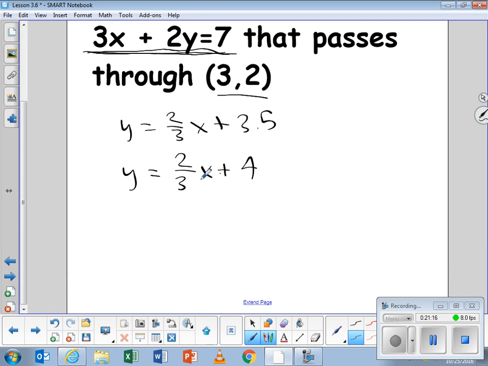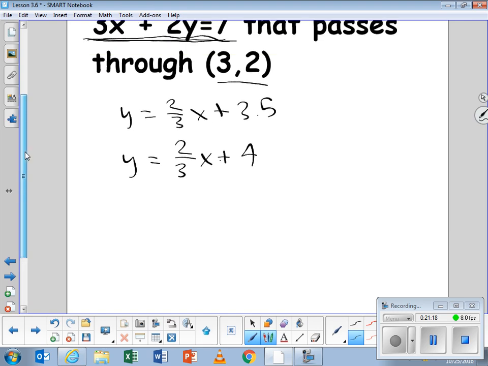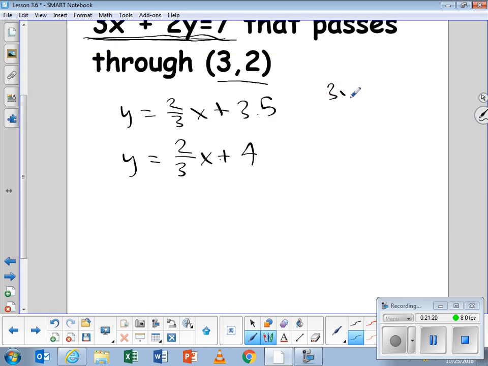First thing we need to do is take our equation 3x plus 2y equals 7, and we need to find the slope of that, right? And so we're going to subtract 3x from both sides. We're out of time here, so let's be quick. So we get 2y is equal to negative 3x plus 7.